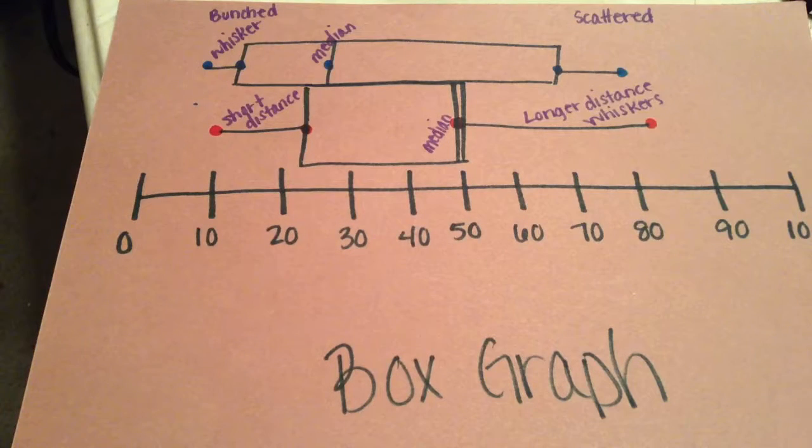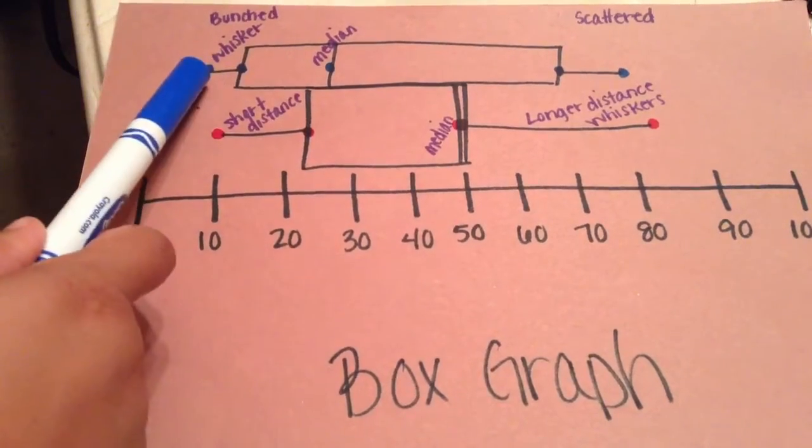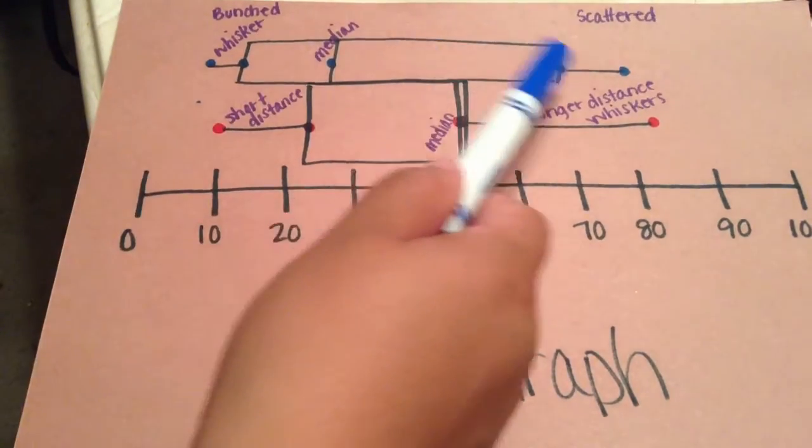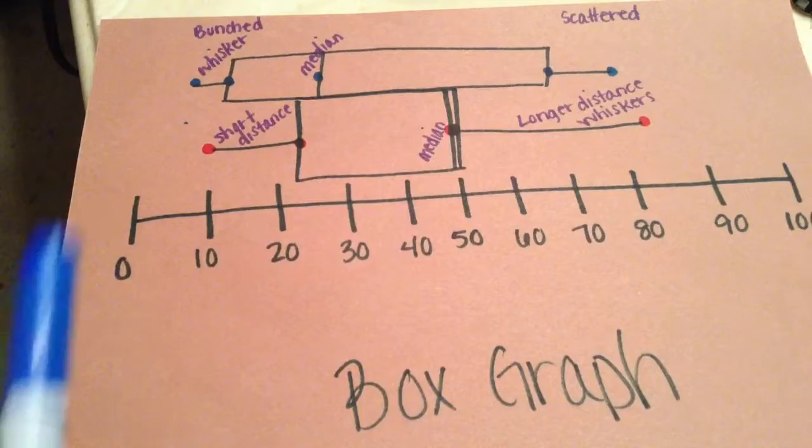Now that I have shown you how to plot it, here is a completed box graph, and I have some sections labeled. When plotted, they form quartiles, and that just means 4. So we have this section, which is 1, 2, 3, and 4.